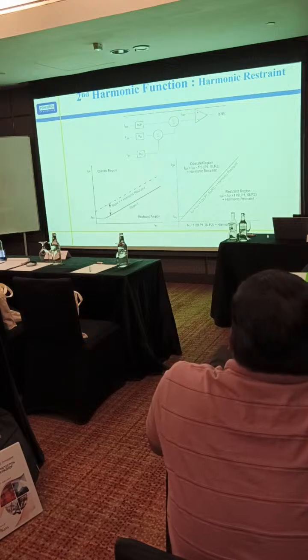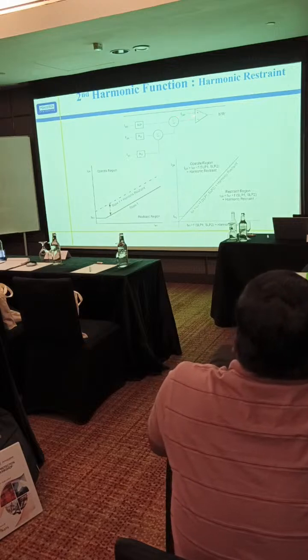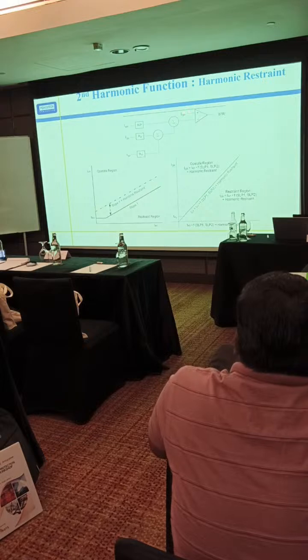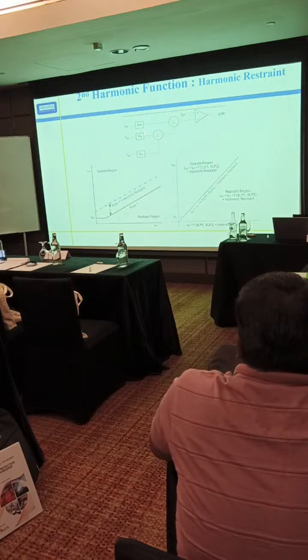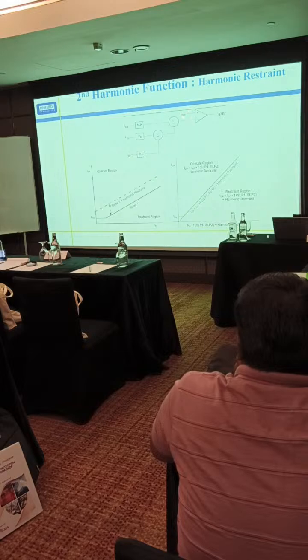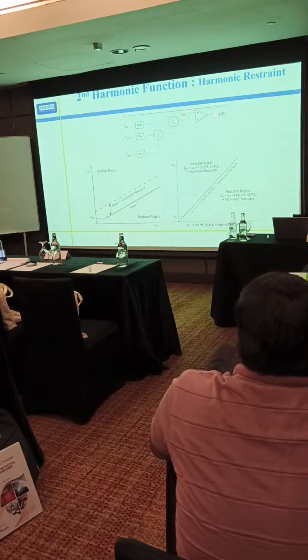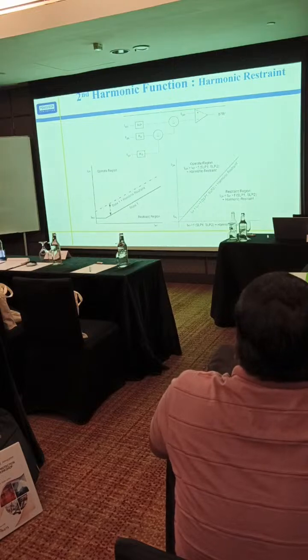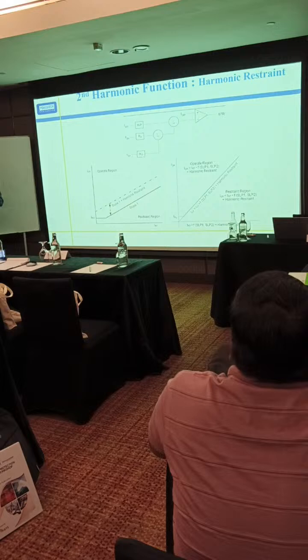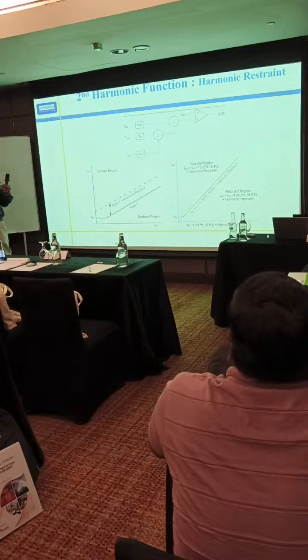Here also you can see through the diagram. This is the I operating setting. So these all components have been added. If this is more than this, then it will give the tripping command. Okay. Any question till now? This is very simple.